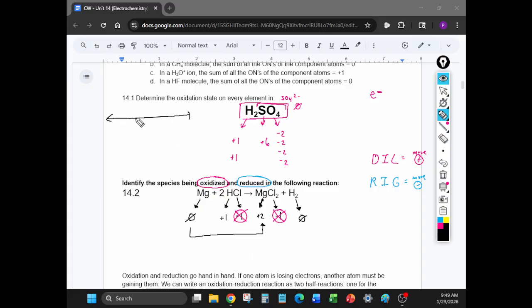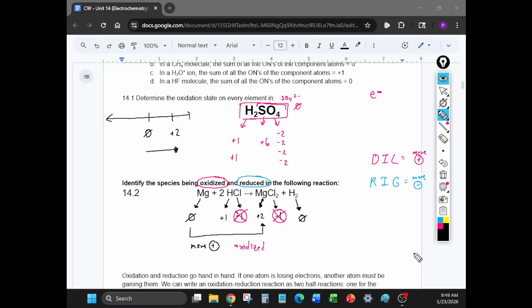Did it become more positive or more negative? So magnesium went from 0 and it went to +2. We can see that it moves in the positive direction. So since magnesium became more positive, we can say that this is the one that was oxidized. Okay, so magnesium is oxidized.